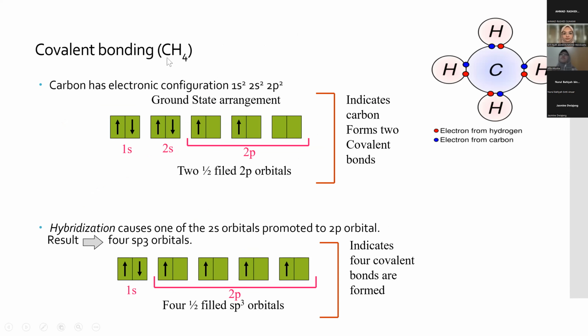For example, I have methane, CH4. Carbon has 4 electrons, and it makes a bond with 4 hydrogens, and each hydrogen contributes 1 electron.